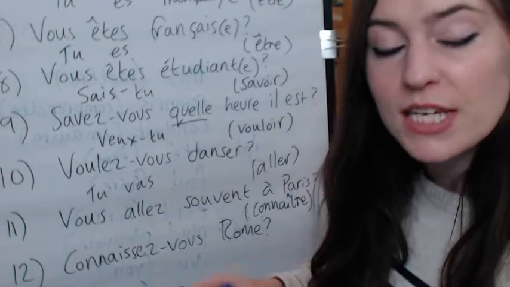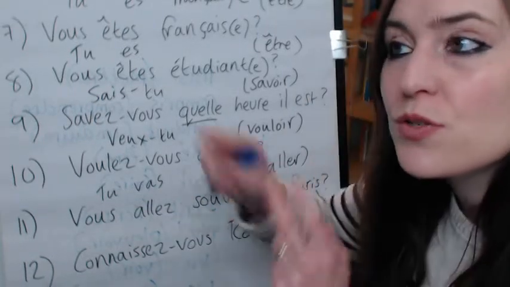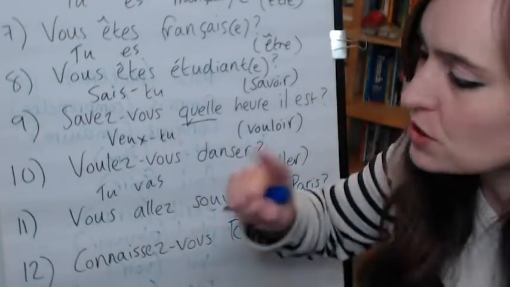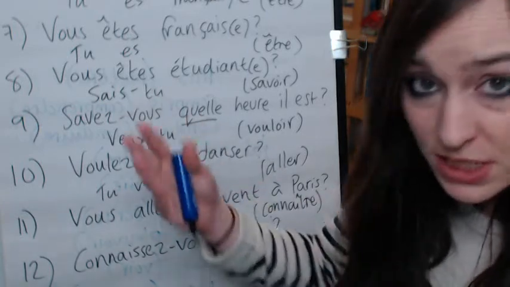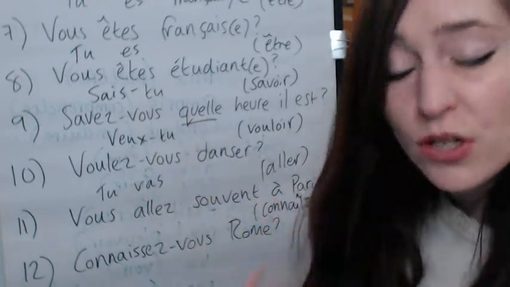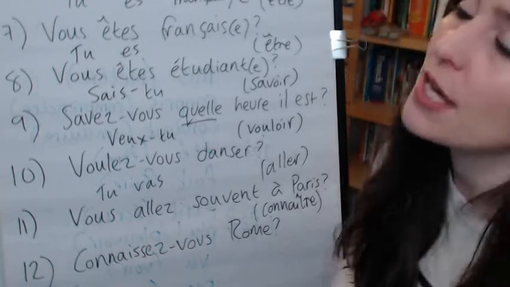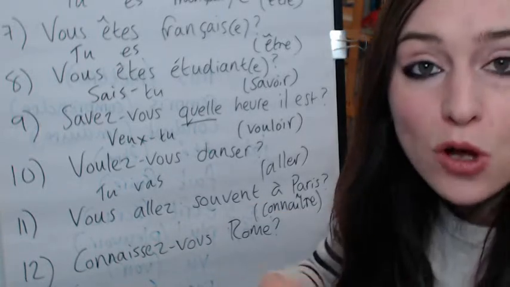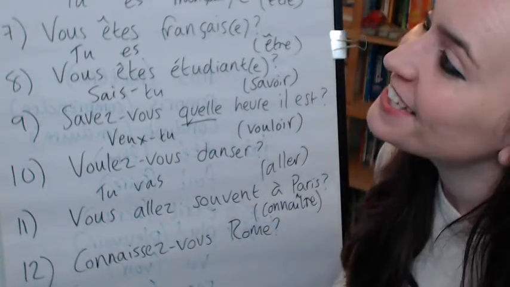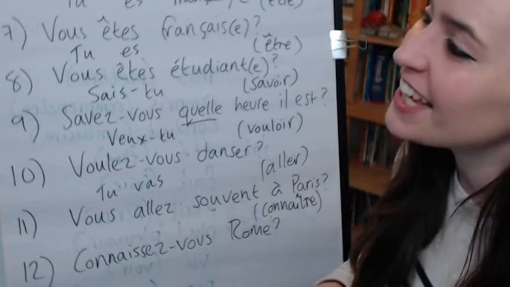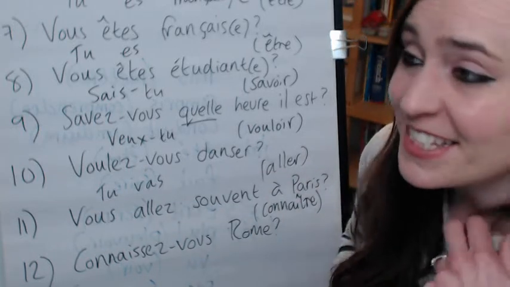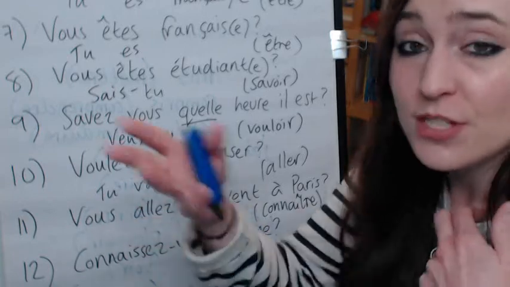It is confusing. But remember, savoir you use with a question word. Do you know when? Do you know who? Do you know how? Etc. Connaître is to do with awareness or knowledge of something. It's hard to get across when there isn't a distinct difference in English. The verb to know is to know.